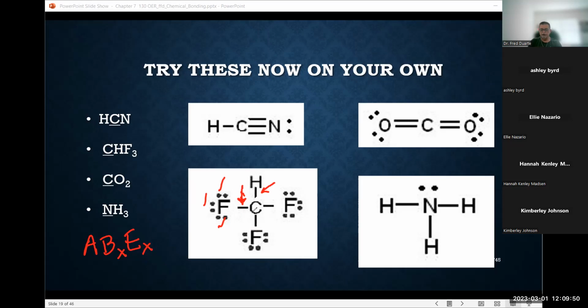So for this example, with the one I've been marking up here, we have A. B represents the number of atoms bonded to the central atom, and in this case, we have 4 atoms bonded to carbon, so that X becomes 4. We don't have an E here. There are no lone pairs on the central atom. So our general formula becomes AB4.